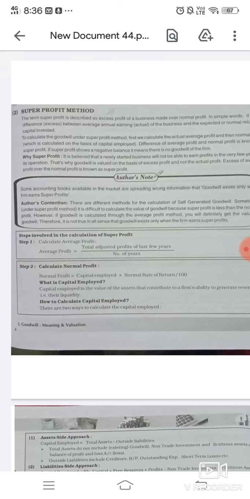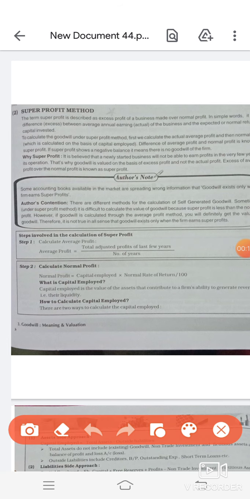Today we are going to start the next method to value the goodwill. The third method is the super profit method. So what is the first method? That is the average profit and weighted average profit, and this is the super profit method.